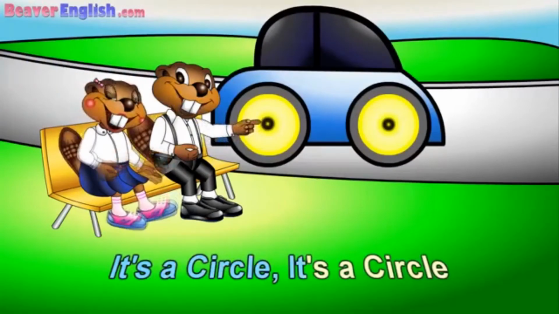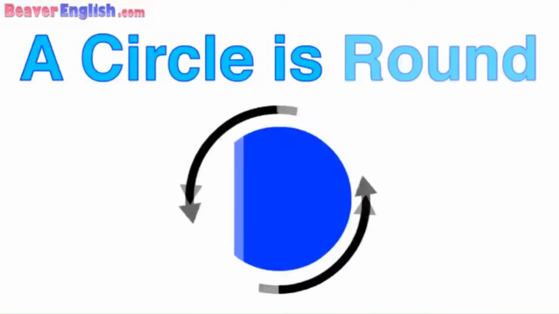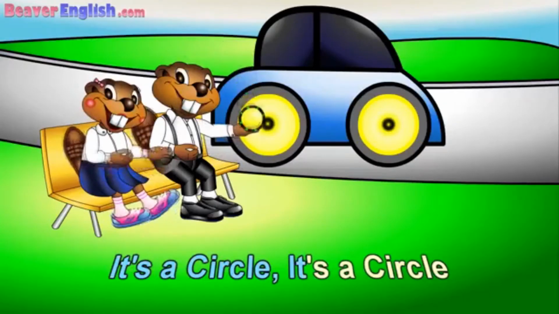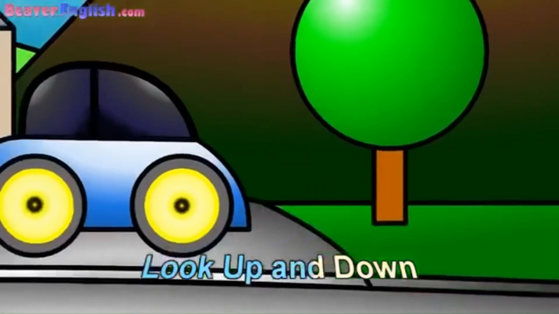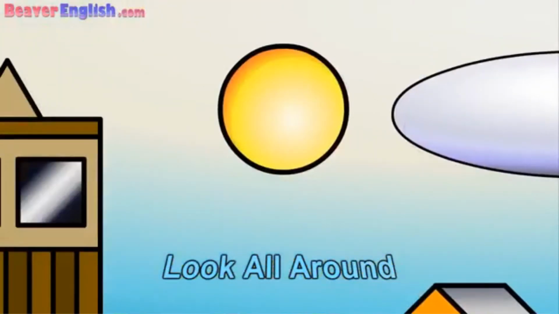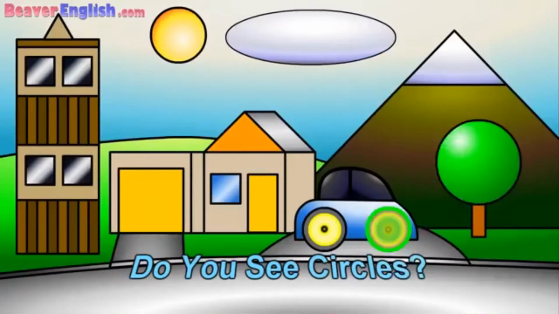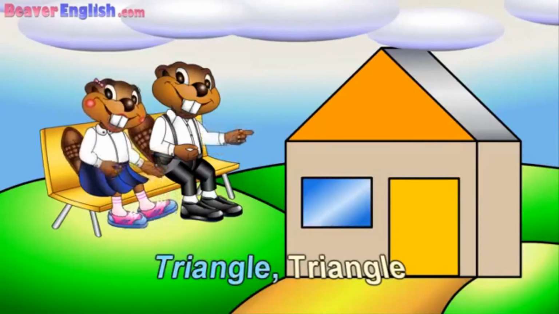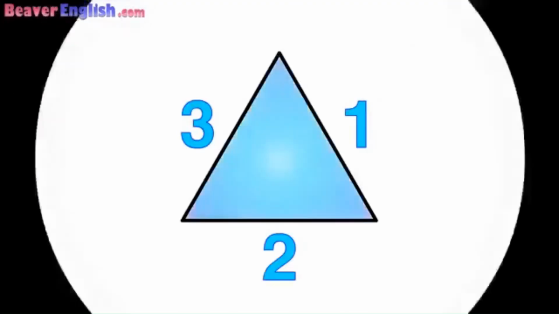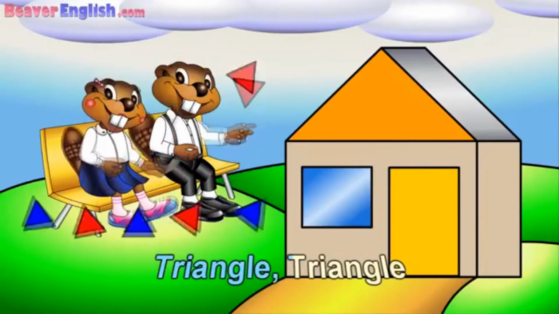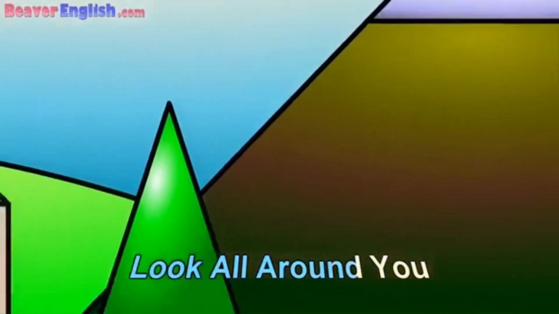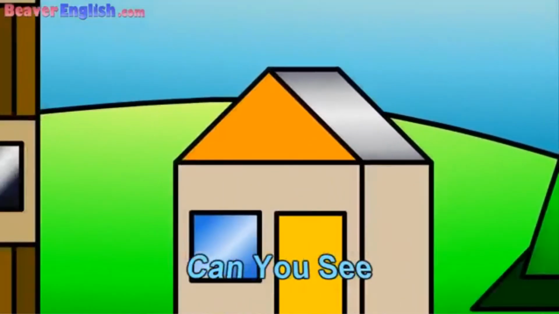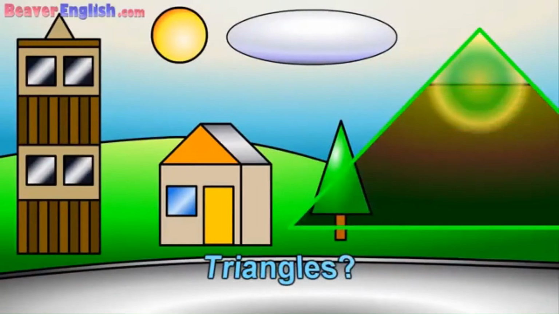It's a circle is round. It's a circle is round. Look up and down, look all around. Do you see circles? Triangle, triangle, 1, 2, 3. Triangle, triangle, 1, 2, 3. Look all around you. Can you see triangles?